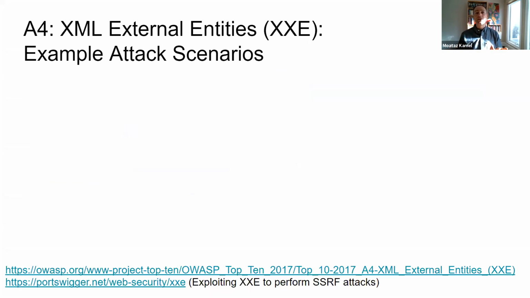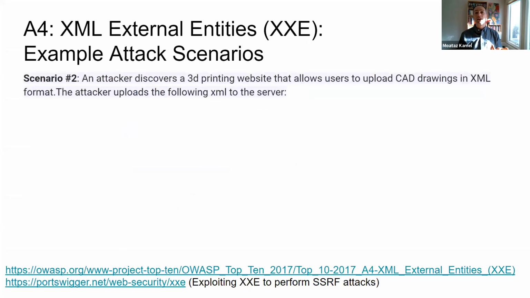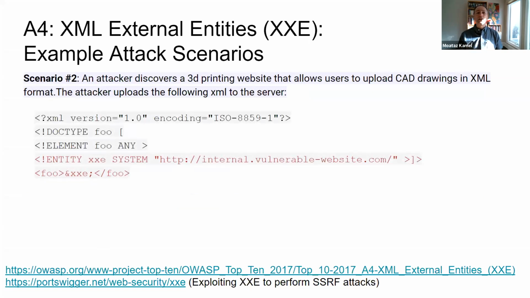And so another attack, for example, is this. This attack is a server-side request forgery. An attacker attacks, again, a 3D printing website, for example, that allows users to upload CAD drawings in XML format. The attacker uploads the following XML into the server, again using the entity tag in XML.